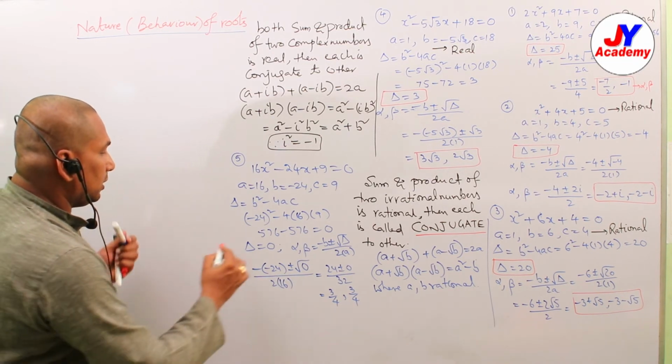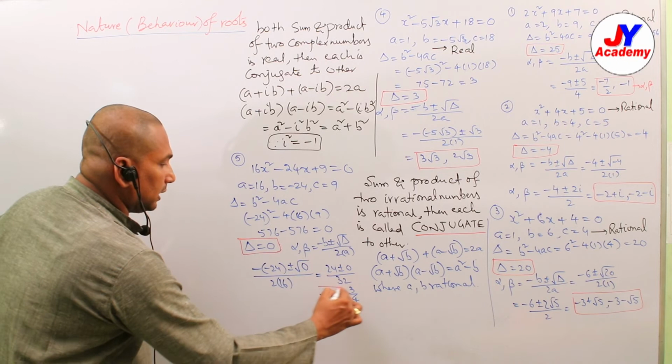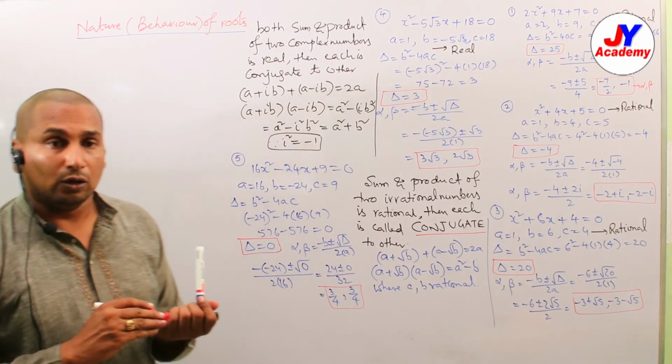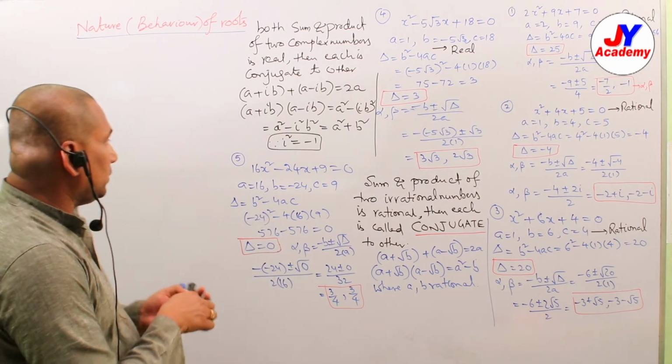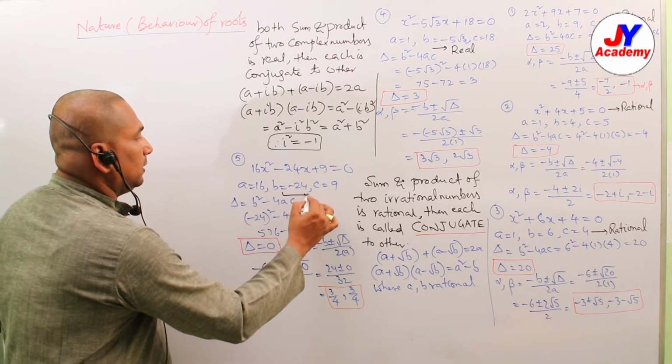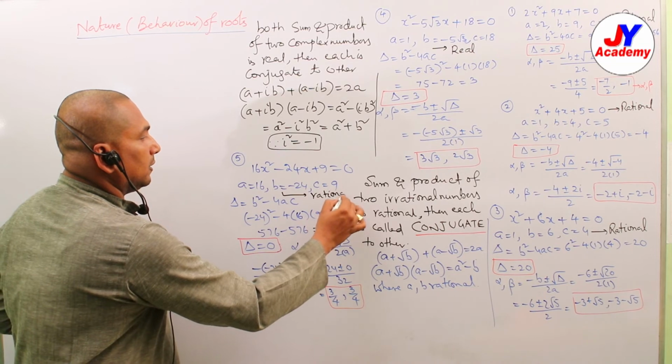So here also you have to observe delta and roots. So already you got some conclusion. Here also, if you observe, these are rational.